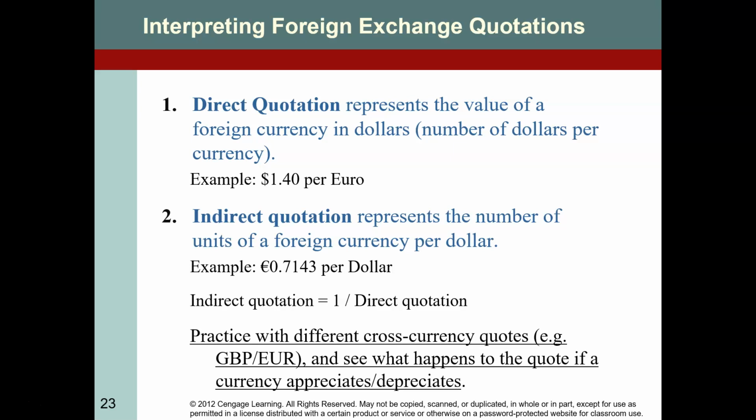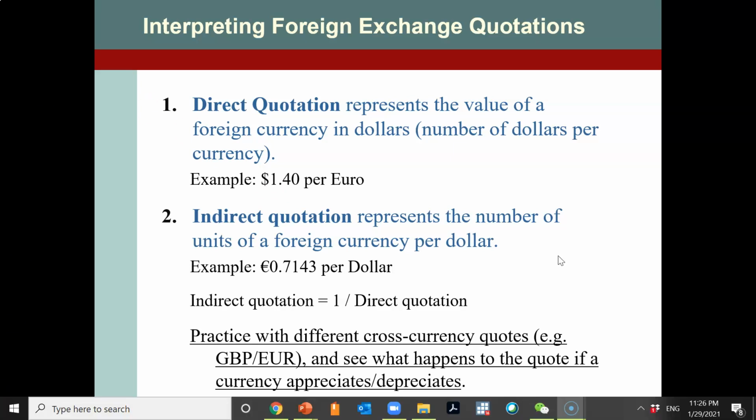This is direct quotation. The other way is indirect quotation, which represents the number of units of a foreign currency per dollar. For example, here we can say that 0.7143 euro per dollar, which means each dollar is worth 0.7143 euros.